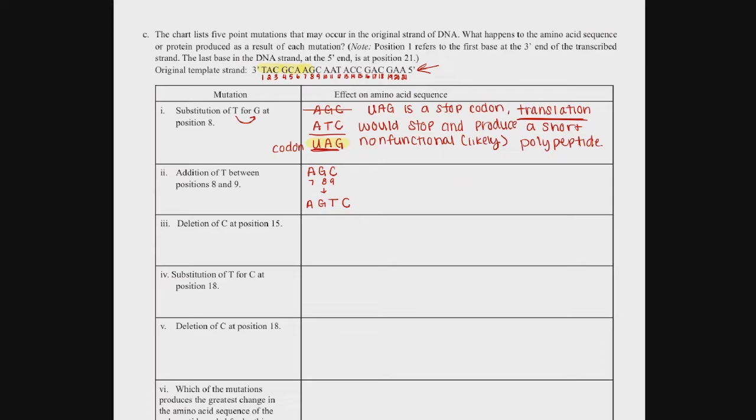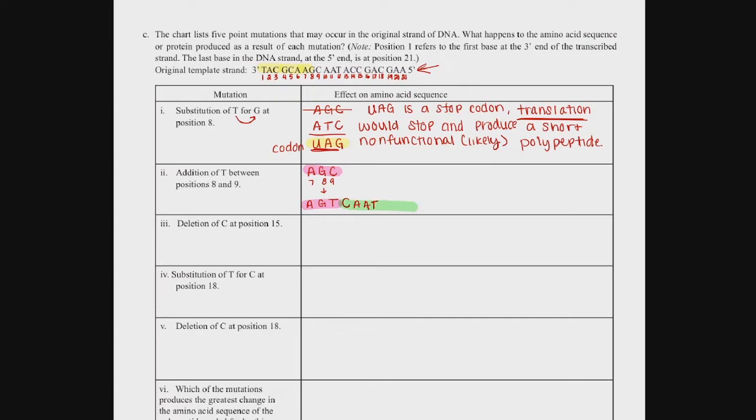So what an addition of T would do is it's changing what used to be these 3 codons into now this codon, and then this C is going on and it's kind of bumping over those next bases. I'll just complete some of these.